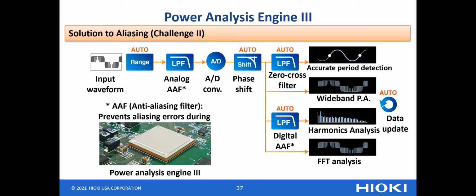And also, a digital anti-aliasing filter is placed just before harmonics analysis. So this filter, of course, eliminates unwanted high frequency components. You can see in this diagram, 5 odd functions.